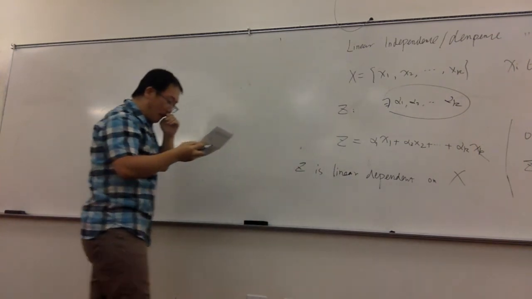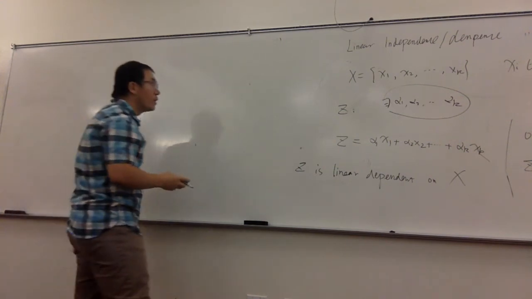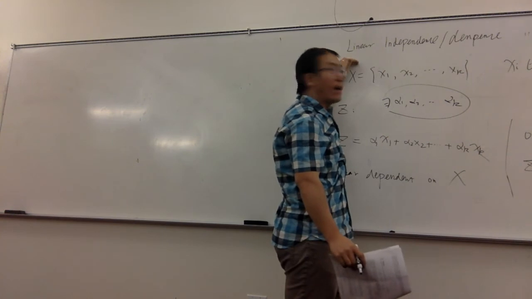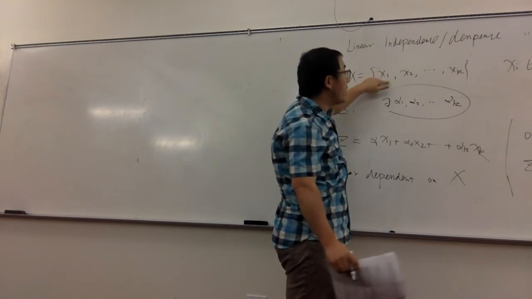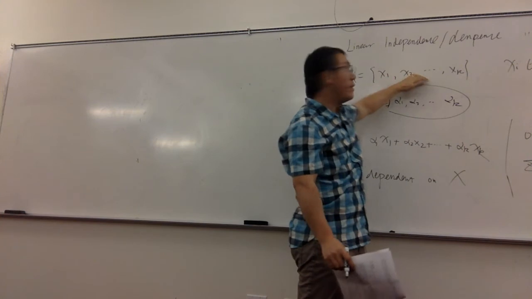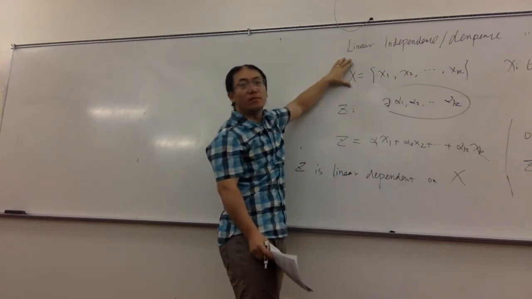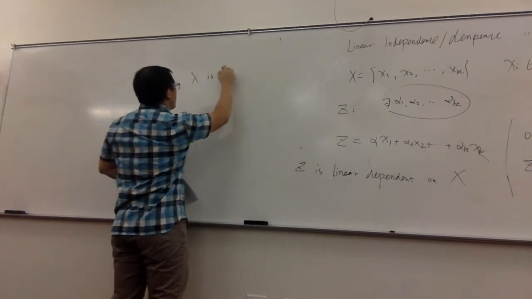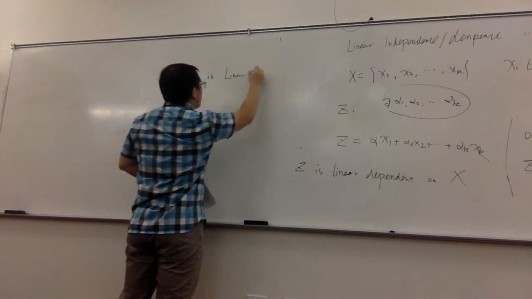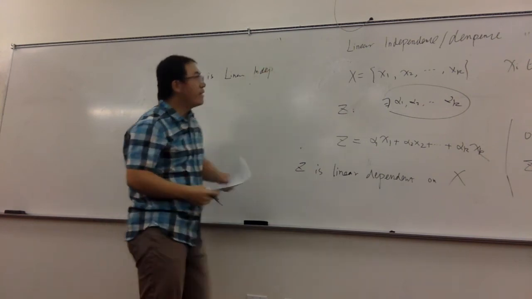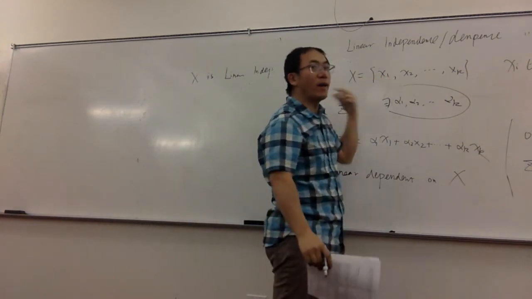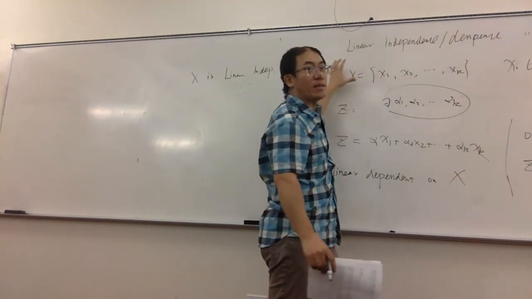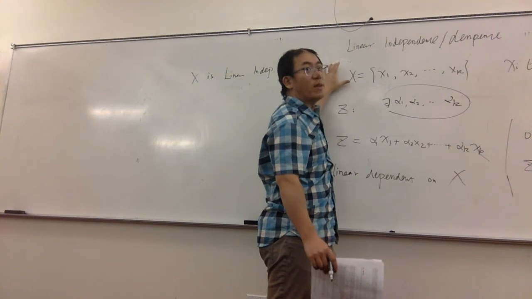So if any vector in x, this big X, is linearly independent of the remaining vectors, then we call x linearly independent. So x is linearly independent if any vector in x cannot be expressed as a linear combination of the other vectors.